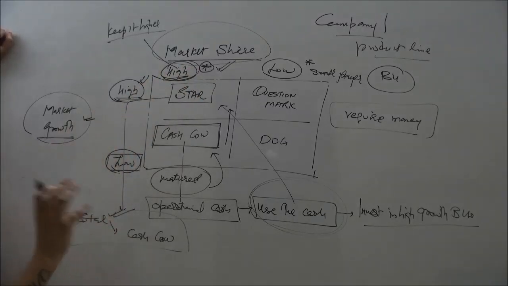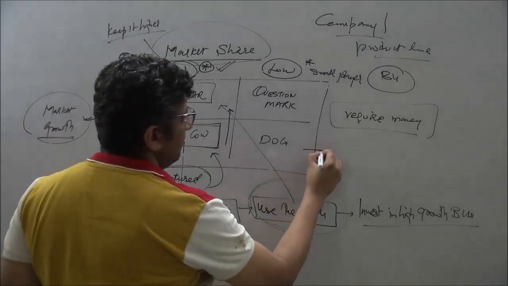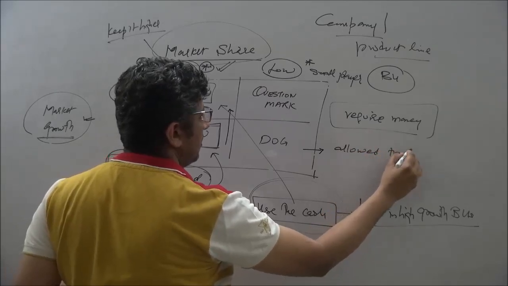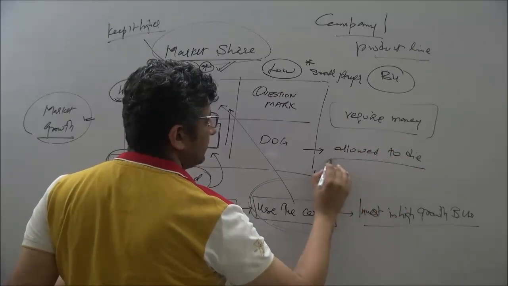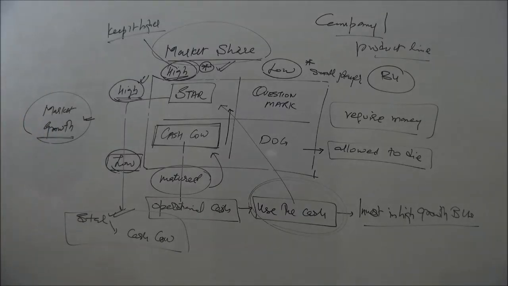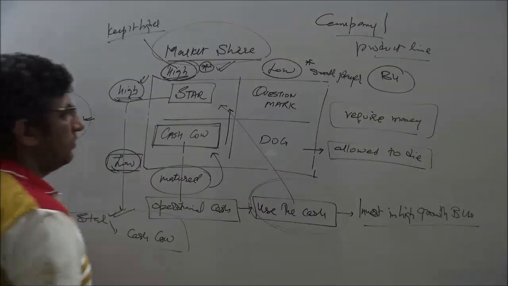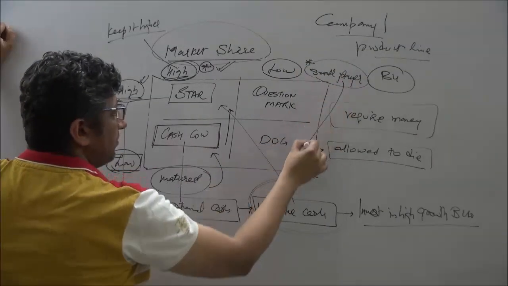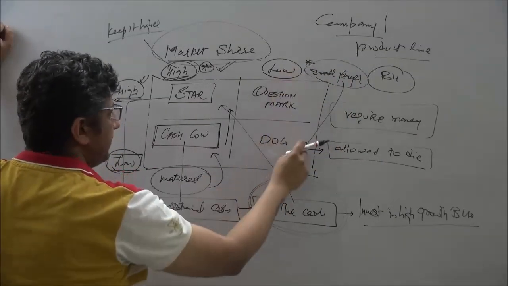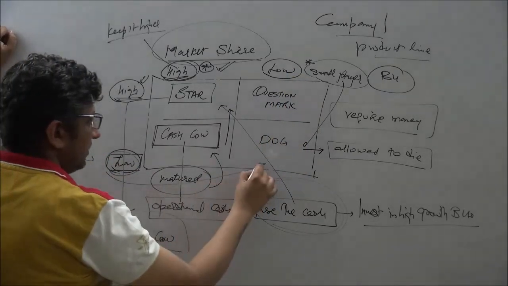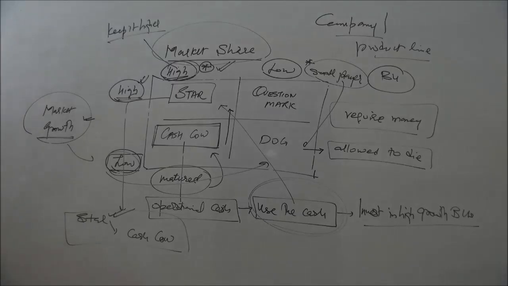Okay, but then there could be some businesses which are allowed to die. Now this could be a very cruel term to pick up, but within the portfolio there could be a business where neither you are doing good, you are a small player, you have a low market share, but the growth also of that particular business is low, right?